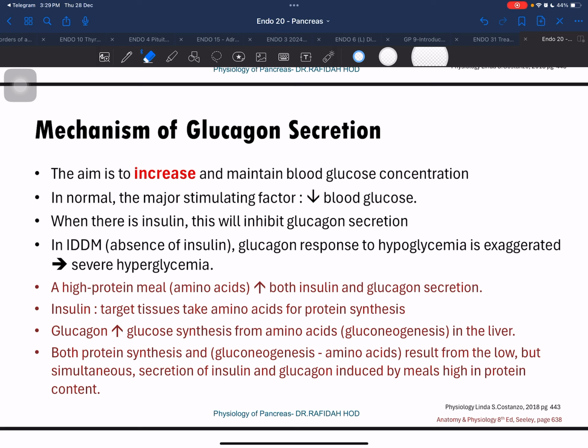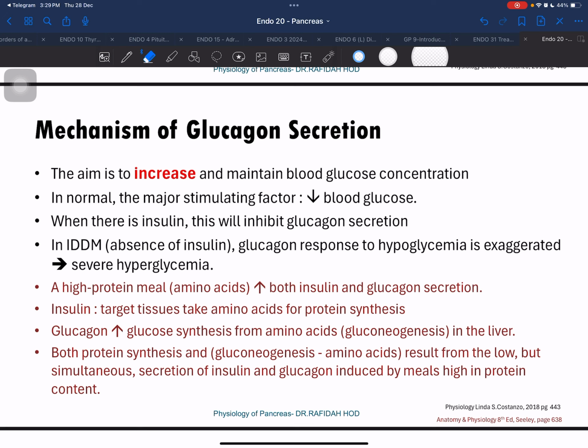And so it will cause severe hypoglycemia. Sebab glucagon will cause increased blood glucose concentration. And because in that disease, in type 1 diabetes, there is no insulin at all, instead dia akan go overboard and will cause severe hypoglycemia in that patient.